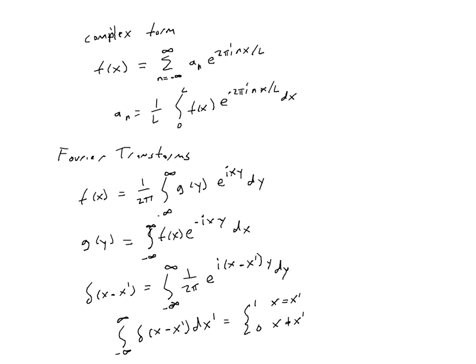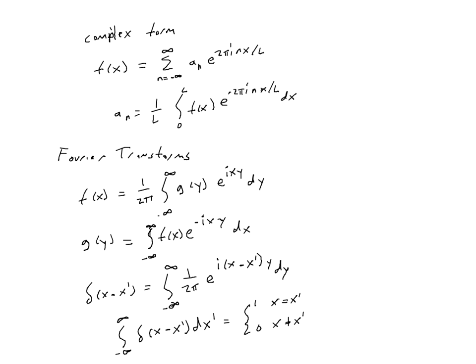Now, the neat thing about these Fourier transforms is that both the f of x and the g of y have the same symmetry, and because of that, you can actually do Fourier sine and cosine transforms in order to transform between them, because if, for example, f of x is even, then g of y is going to be even, and you could transform from f of x to g of y using cosine, and vice versa.